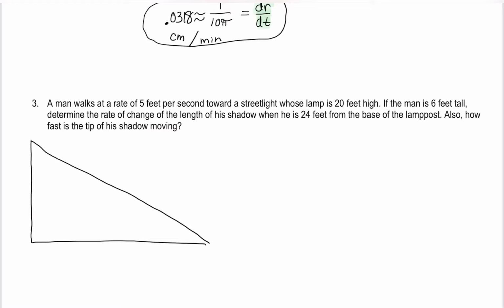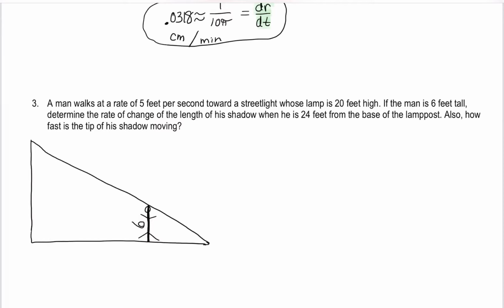Let's say this is my man right here, the man that is 6 feet tall. His height isn't changing at all, so we can leave this height right here. This is a constant 6, so that's why I'm putting it on the picture.